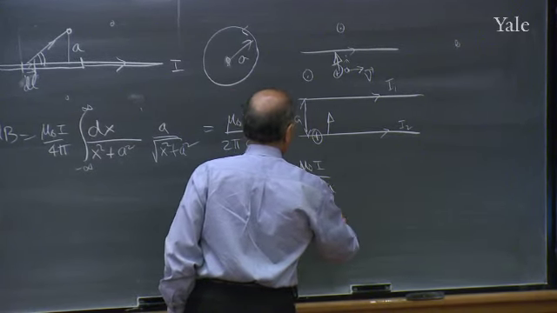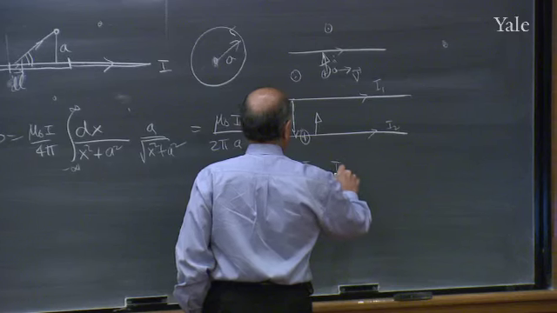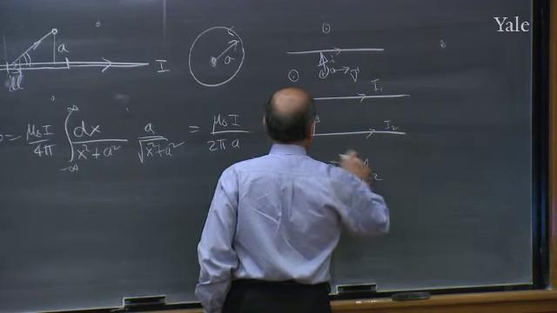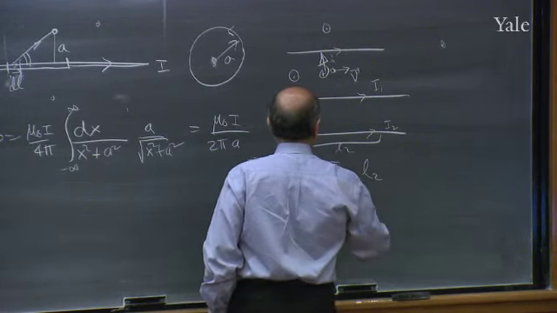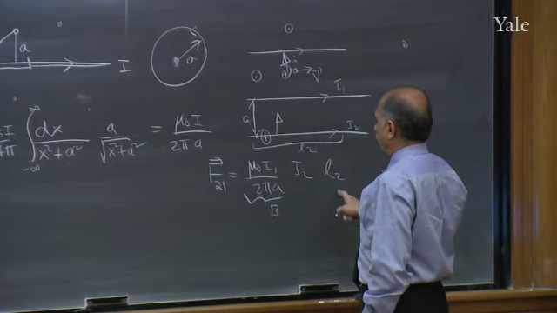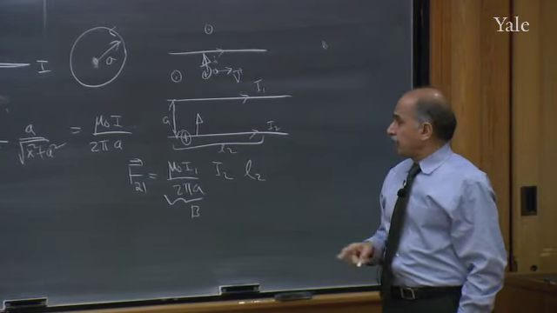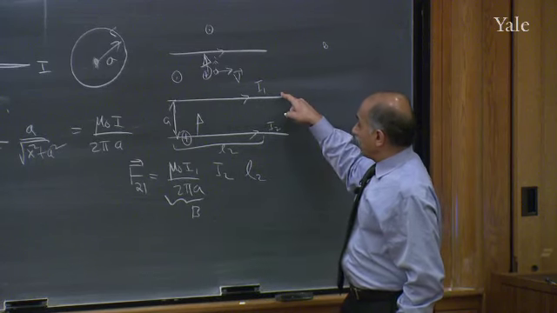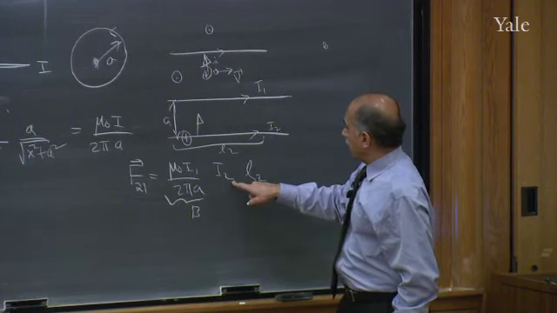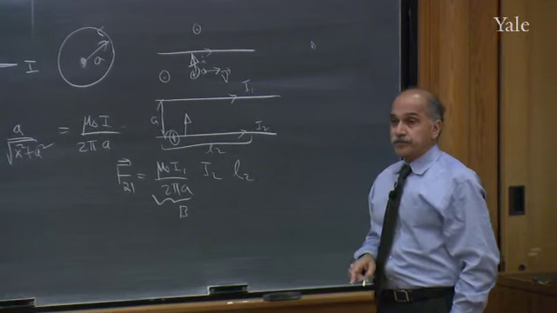That is my B. I, and that's my L. If L2 is the length of this wire, I'm just using the formula BIL I told you about. So the B is the B due to the first wire, I is the current of the second wire, L is the length of the second wire.